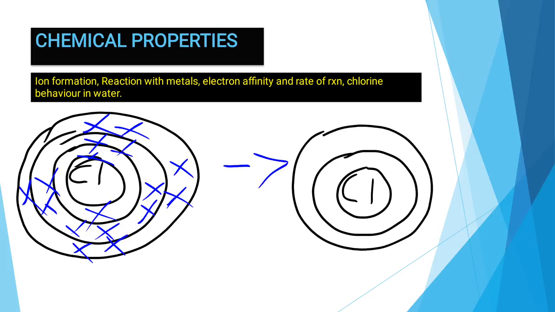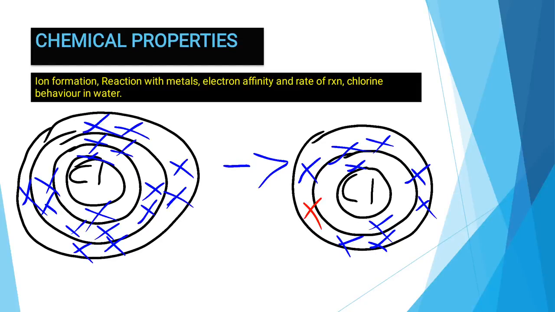The energy that is required to lose all the 7 electrons in the outermost energy level is very much high compared to the energy that is released in just gaining 1 electron. As a result, chlorine and any other nonmetal will form an ion by gaining just 1 electron.